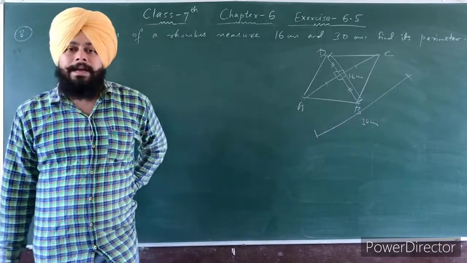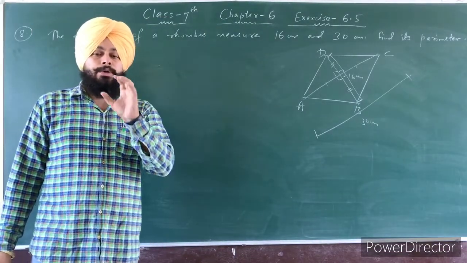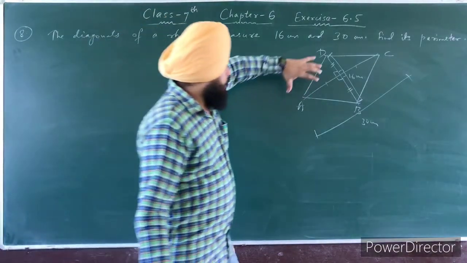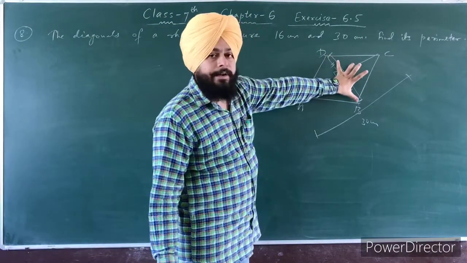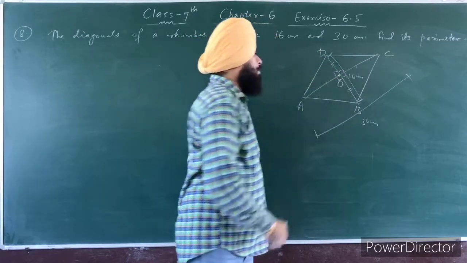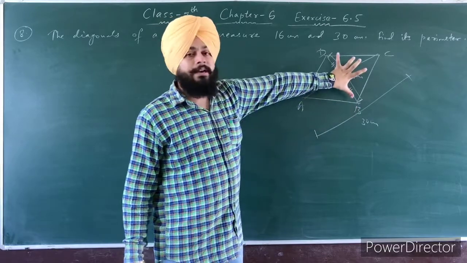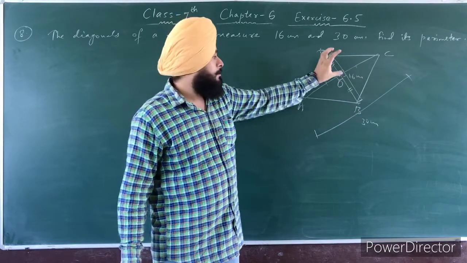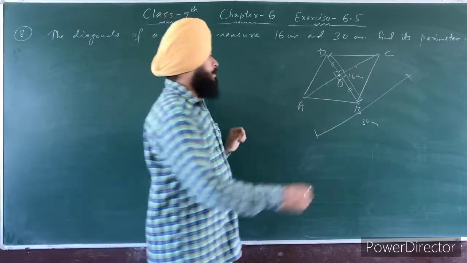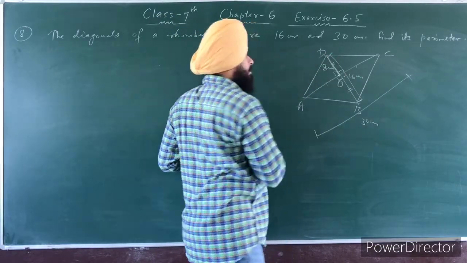And we know that the diagonals of a rhombus bisect each other. Bisect means they divide it into two equal parts. So if this is of length 16 centimeter, then these two are equal parts. Take a point O. So DO is equal to BO. If the total length of this diagonal is 16 centimeter, then half of it is 8. So this is of length 8 centimeter.